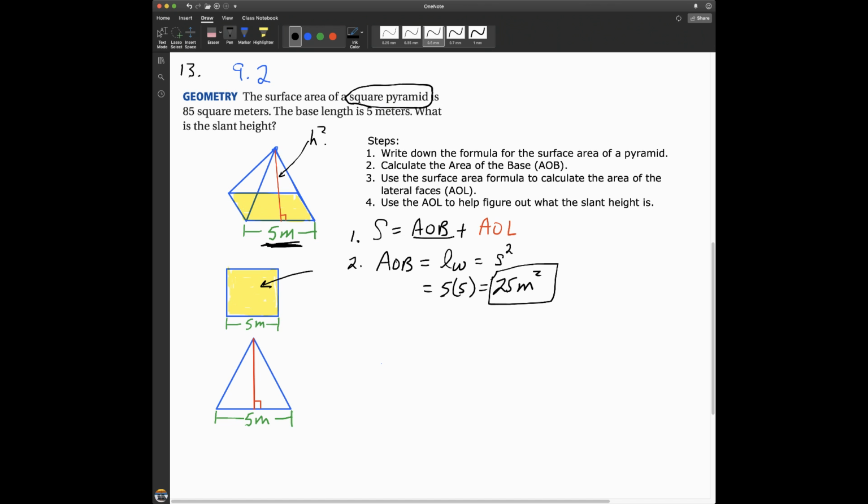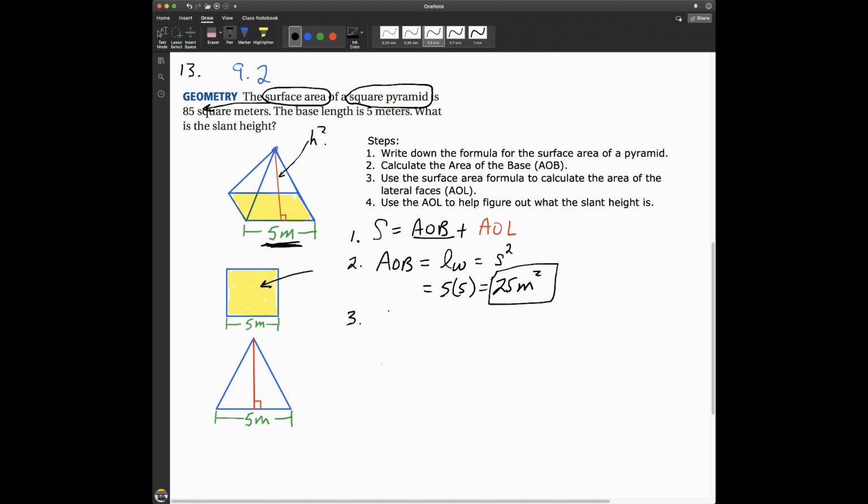Okay, so we have the area of our base. We have this value, and in the problem, it tells us what the surface area of the square pyramid is. It's 85 square meters. So for part 3, it says use the surface area formula to calculate the area of the lateral faces.